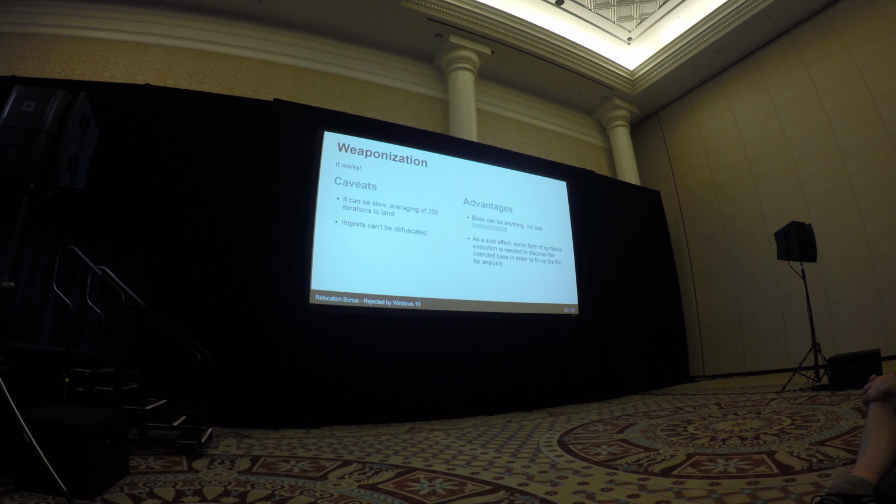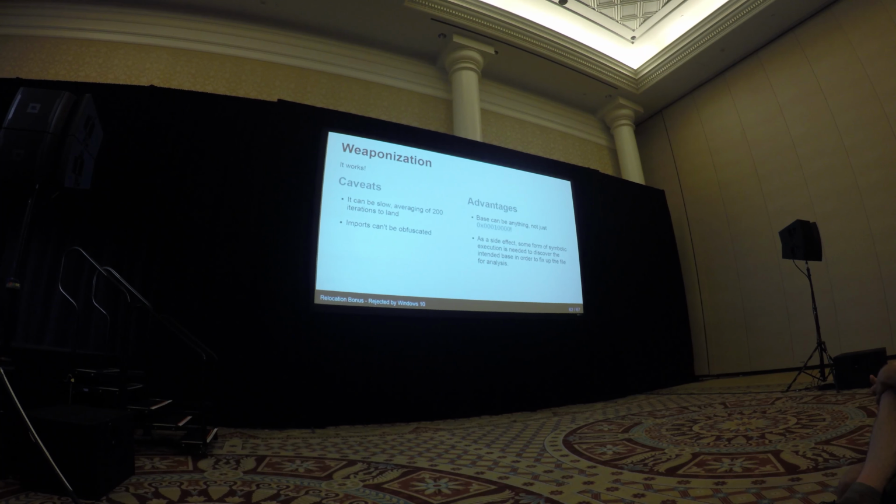The side effect is that some form of symbolic execution or manual analysis is now needed to determine what base address is going to be obtained. So it's harder to just do the relocations inside of a parser to fix up the binary. We can't do imports, which was actually really cool to see, but at the same time, it's harder for automated analysis.